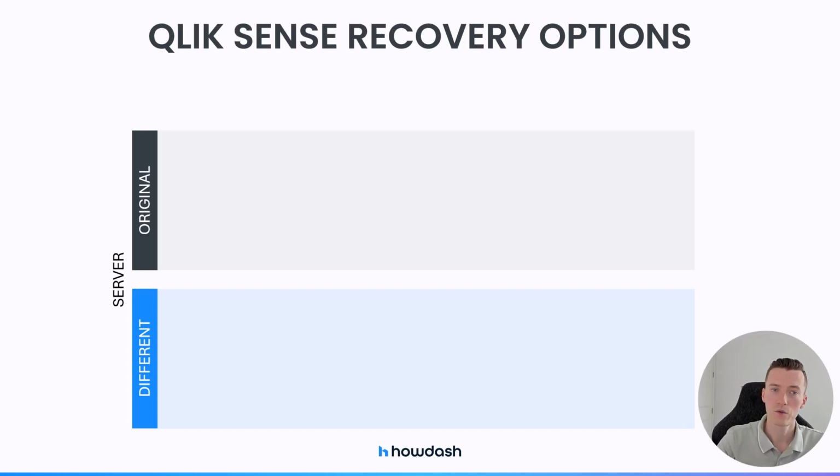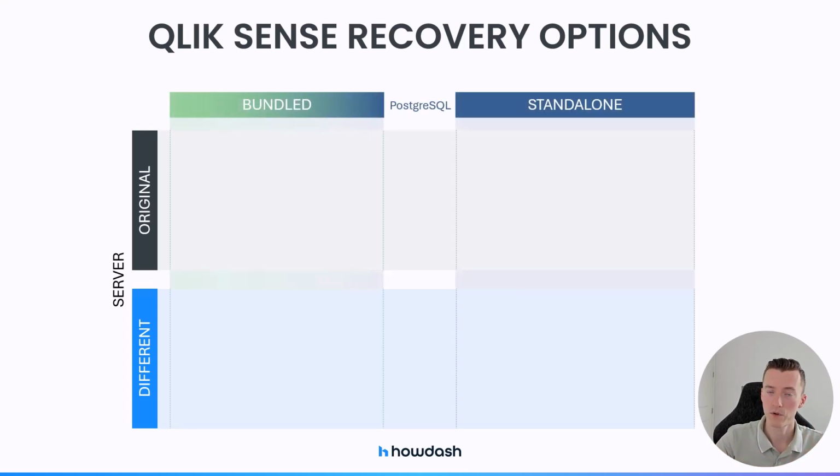And the other option that will determine which steps you would take and in which order is whether your backed up version of Qlik Sense was using a bundled or standalone installation of PostgreSQL.